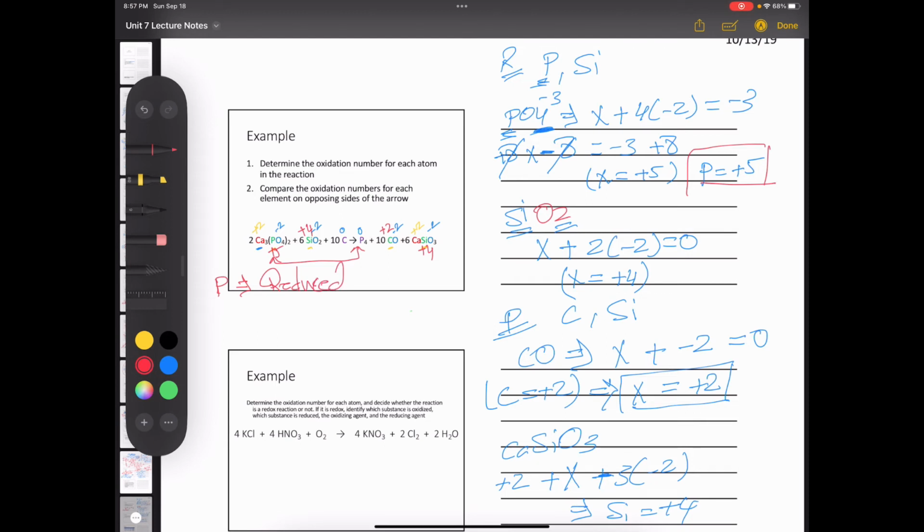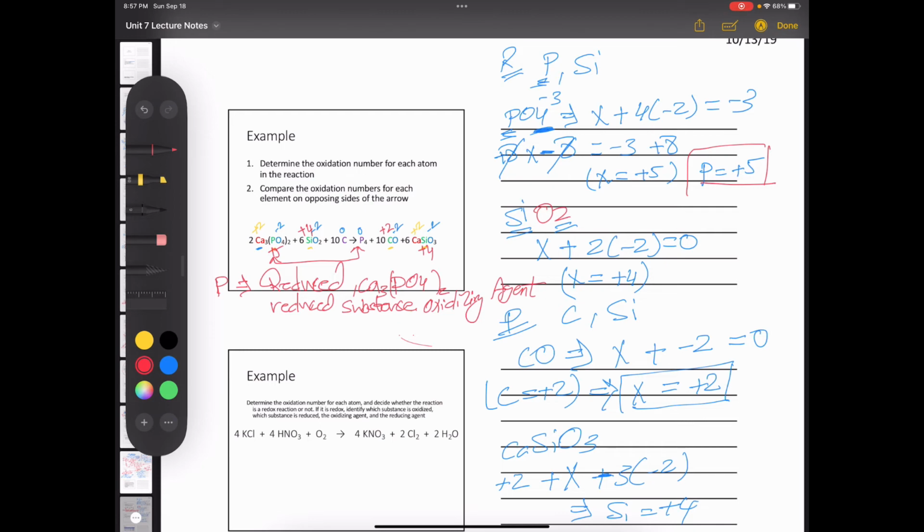So what we say in this case, calcium phosphate is the reduced substance. As a result, it is also the oxidizing agent, right? Because it allowed another substance to be oxidized.